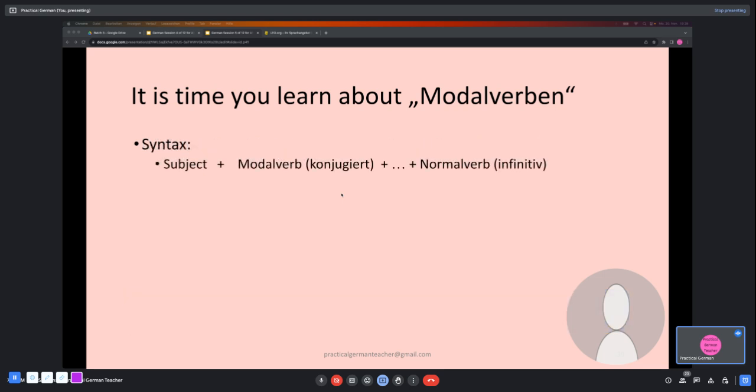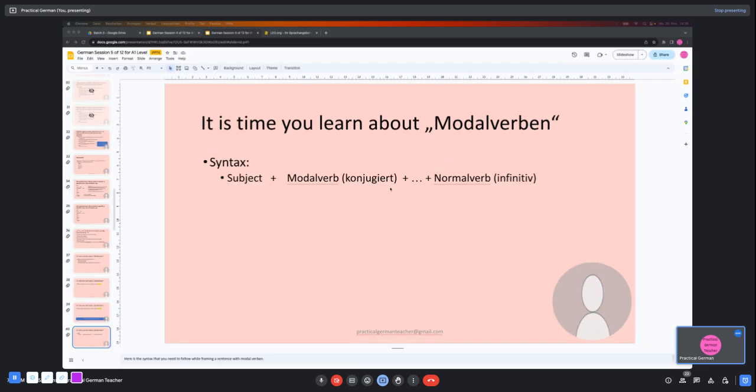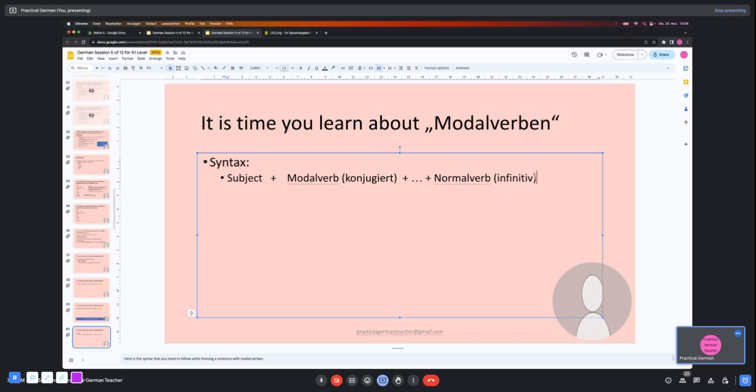Let's look at the syntax. Normally the syntax is you have subject, verb, and you may or may not have an object or adjective. And of course you have to conjugate the verb as per the subject. Now what happens if you have a modal verb?